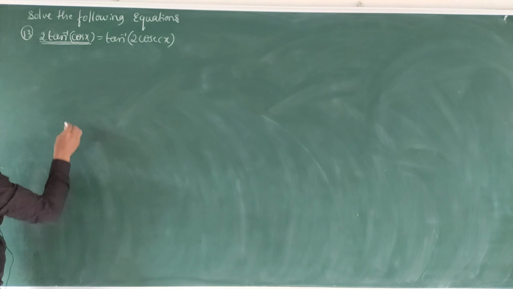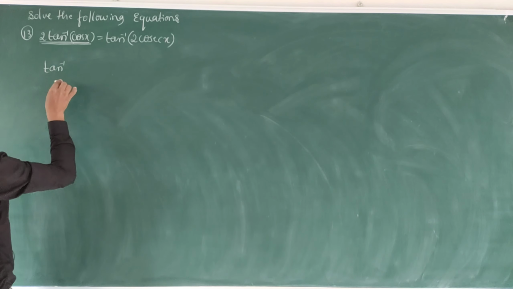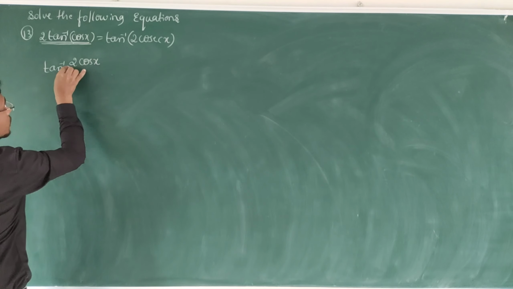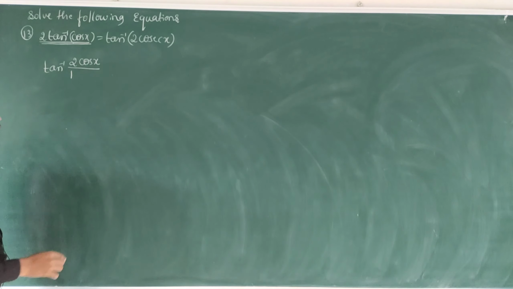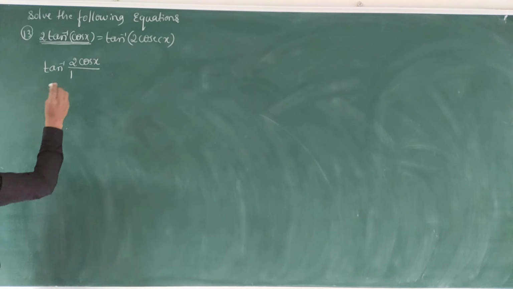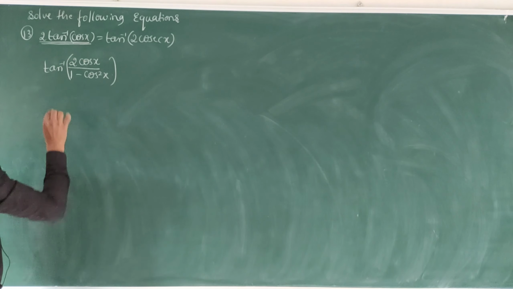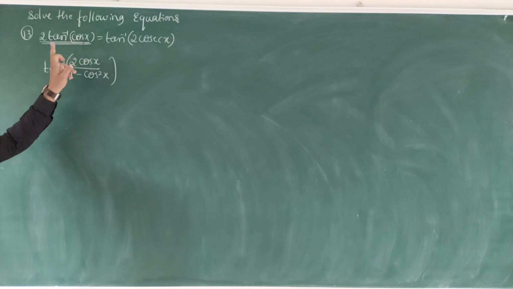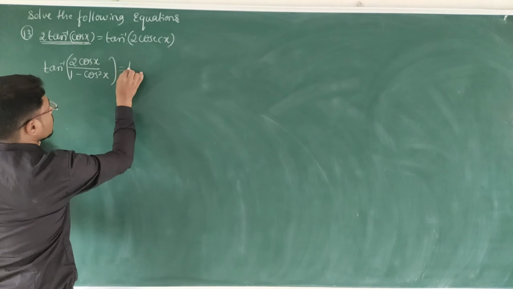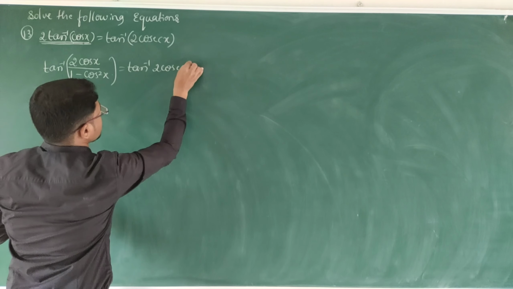For this I will write tan inverse of 2x, that is 2 cos x, divided by 1 minus x square, where x is cos x, that is 1 minus cos square x. So the formula for 2 tan inverse x: tan inverse of 2x divided by 1 minus x square is equal to tan inverse of 2 cosec x.